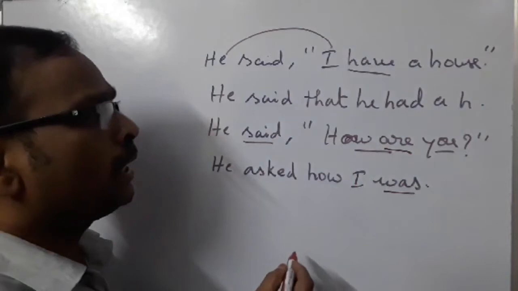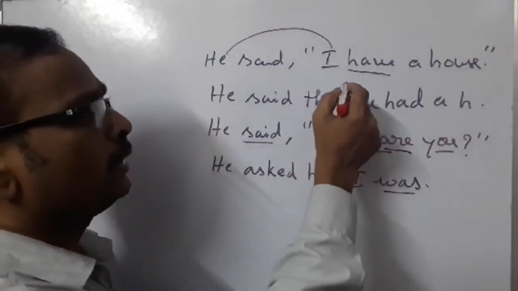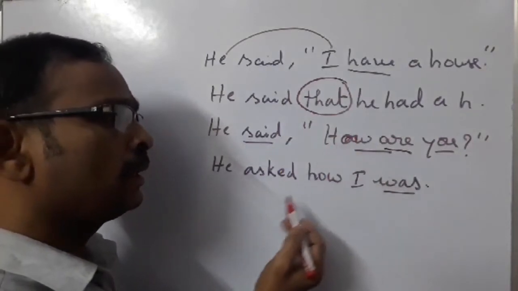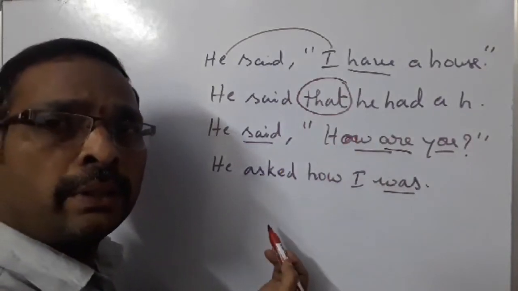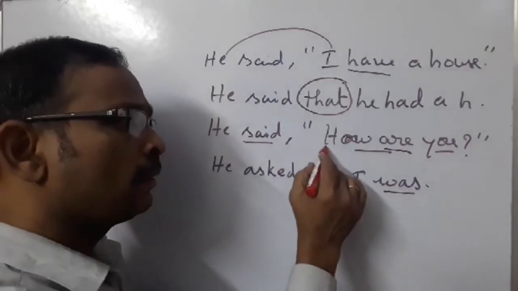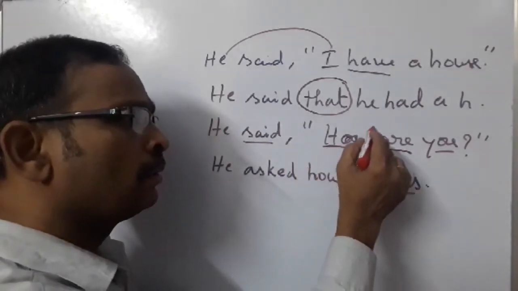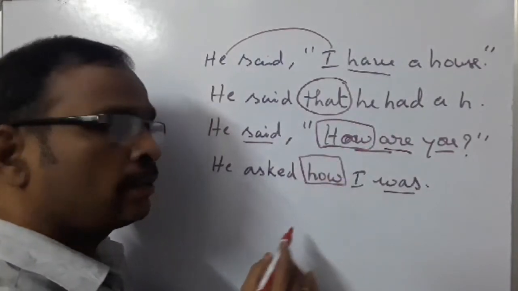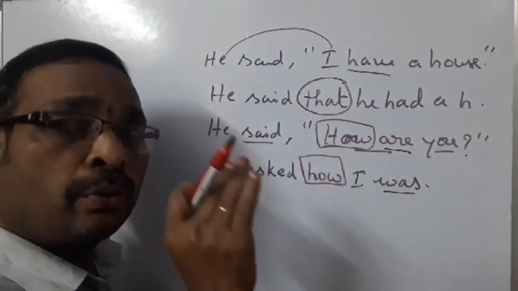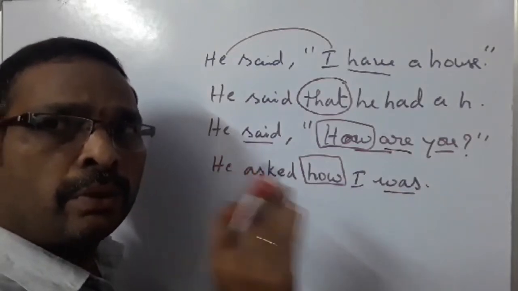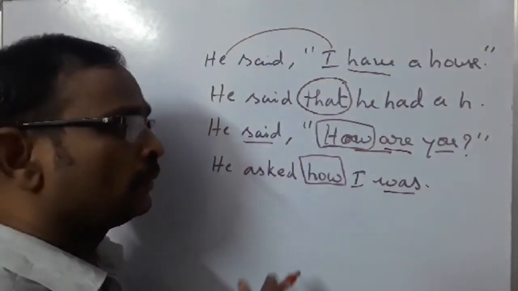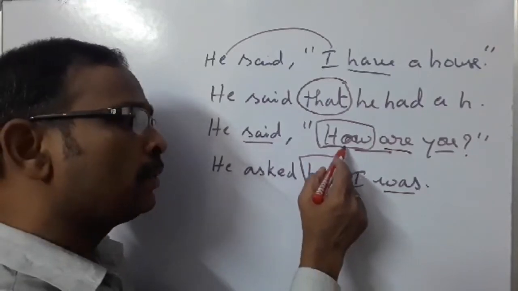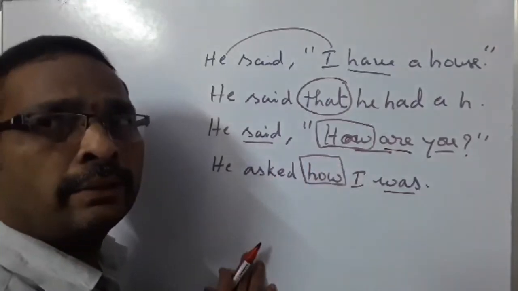Here you may ask a doubt: sir, for declarative you used that as the connector, but here you did not use anything. Yes, here the question word how is there. The same word is the connector here, so we should not use any other connector. When there is any WH word as a question, we should use the same word as the connector.